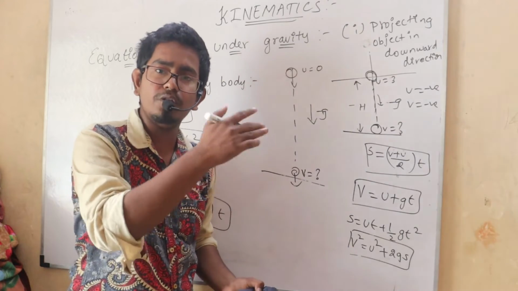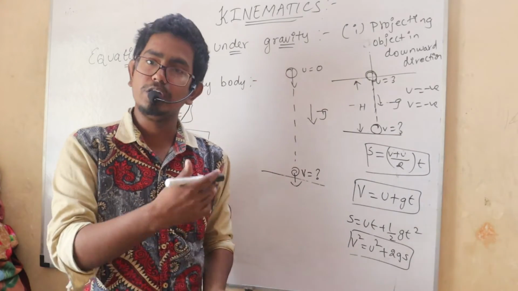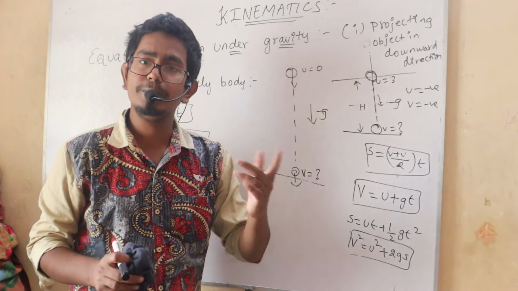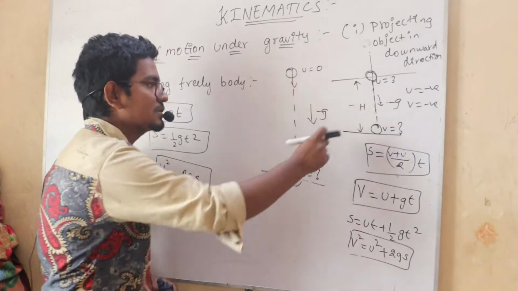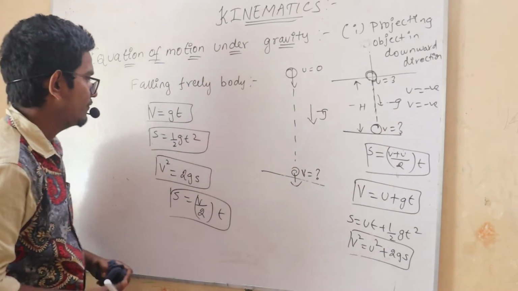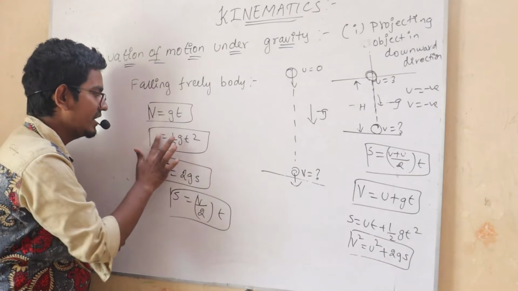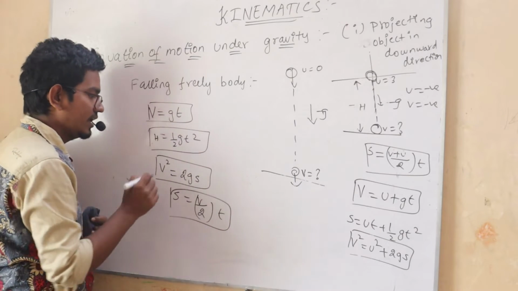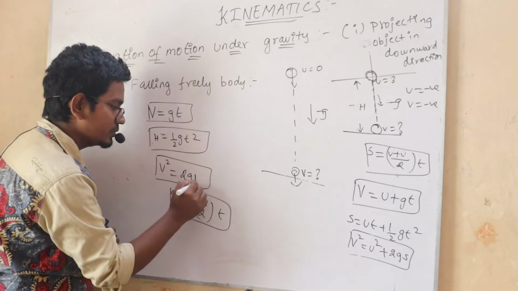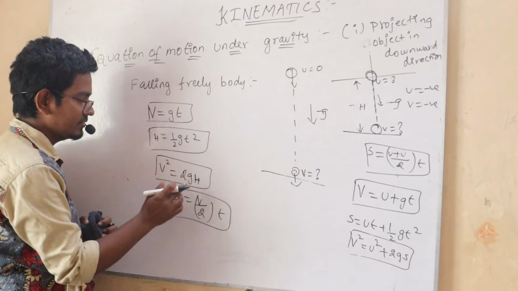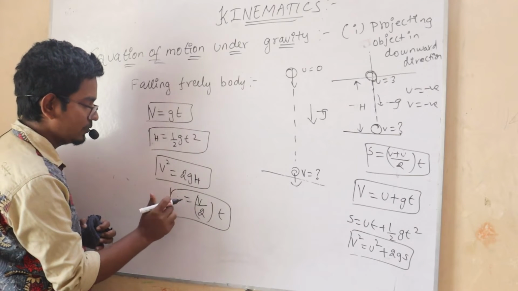If it is on the third floor, maybe we will say the height is 20 meters. So sometimes in the textbook they will refer to it as h. So whenever we are writing, we can also write it with h. I can write here h is equal to half gt squared, v squared is equal to 2gh, and h is equal to v upon 2 into t.